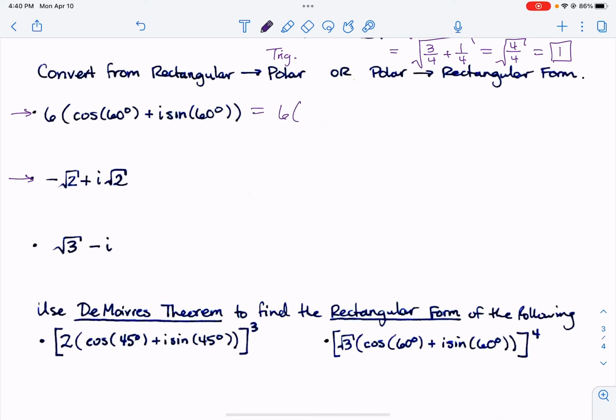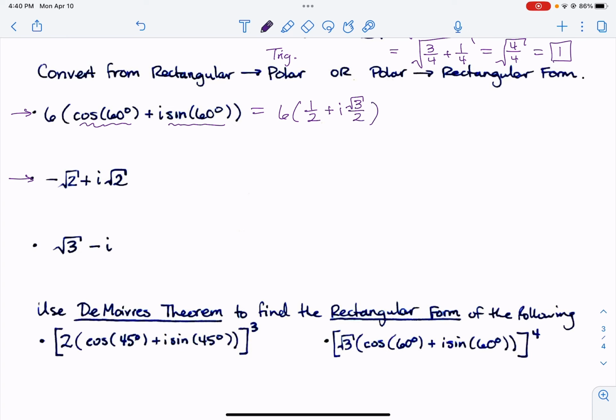So first off, what is cosine of 60? Just use your unit circle. You won't have a unit circle on the test. You need to know this. But cosine of 60, I'm sure you know, is 1/2. And then sine of 60? That's radical 3 over 2. So I'll have plus i times radical 3 over 2.